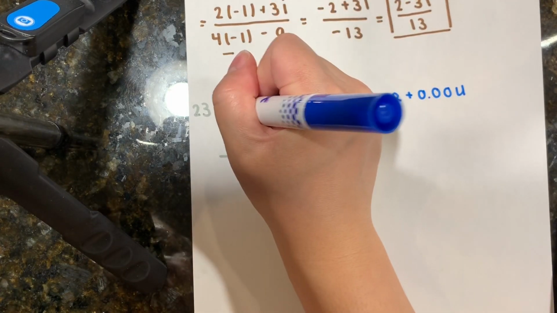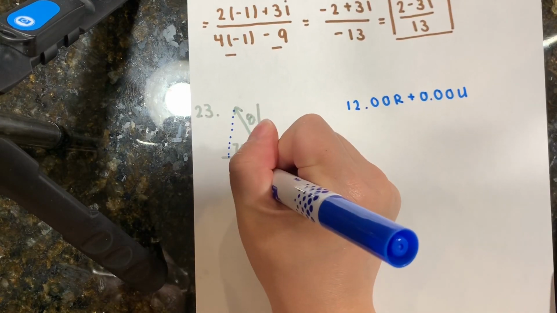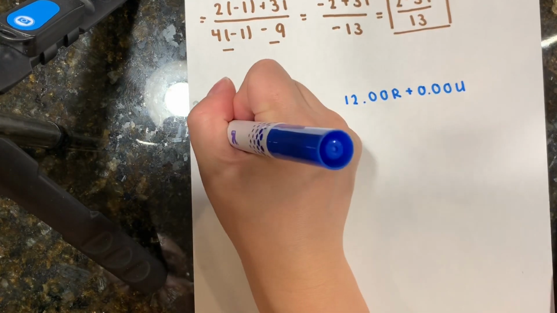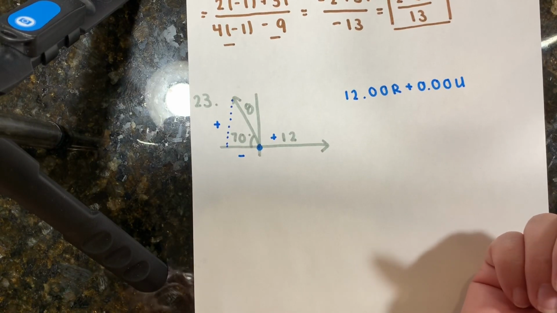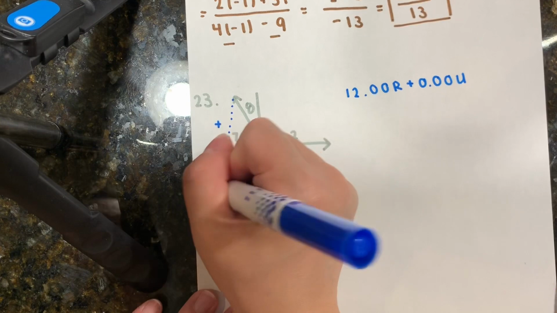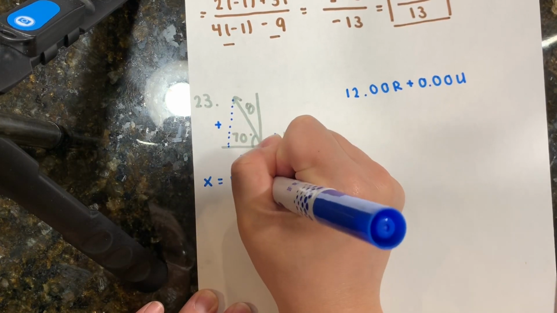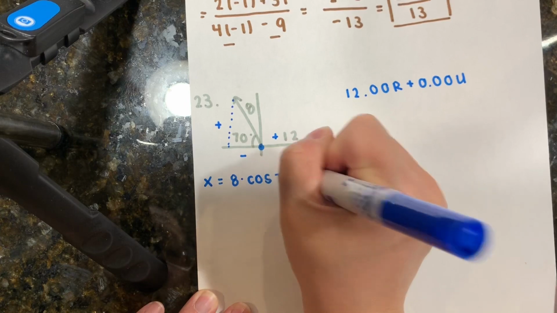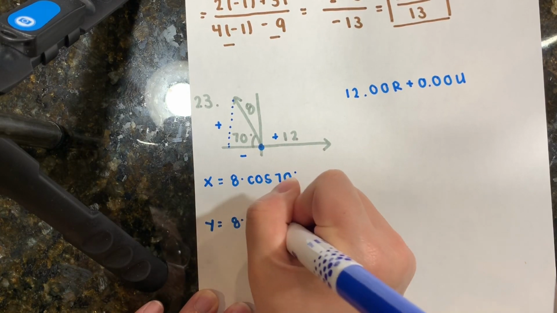For this next one, I'm going to draw a right triangle. This one's going to the left of the origin on the x-axis and then comes up off the x-axis, so that's positive u. And to find my x and y, I'm going to do x is equal to 8 times cosine of 70. And then for y, I'm going to do 8 times sine of 70.